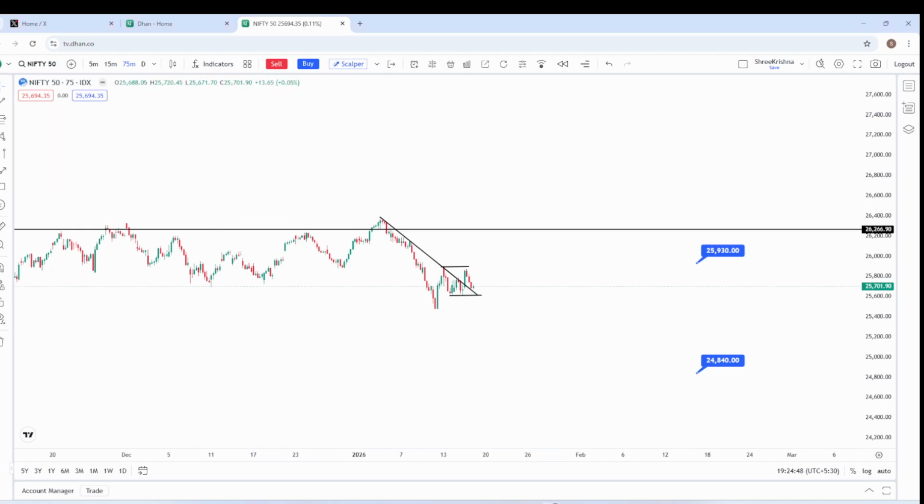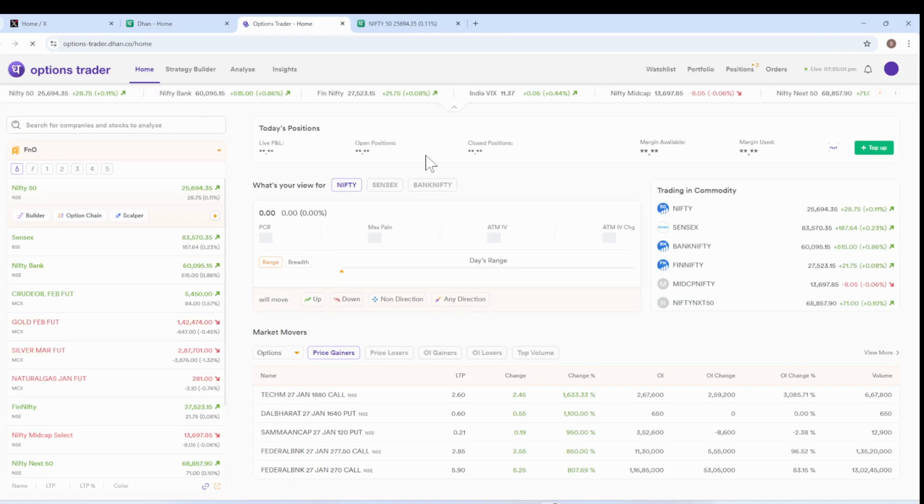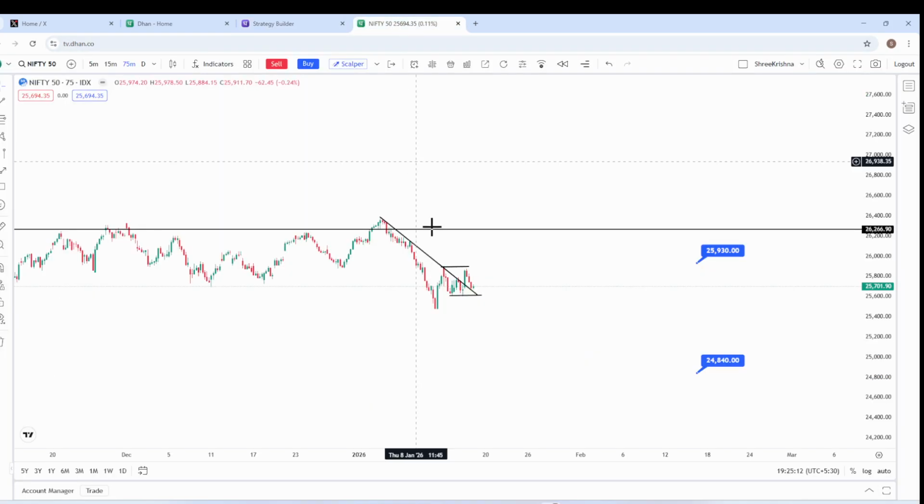One second, I will go to option trader. Now in the Nifty, I go to the builder. In the Nifty, I want to sell 25,700 put and buy 25,400 put.